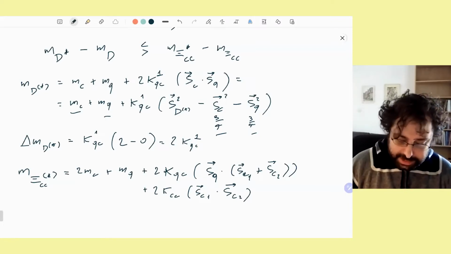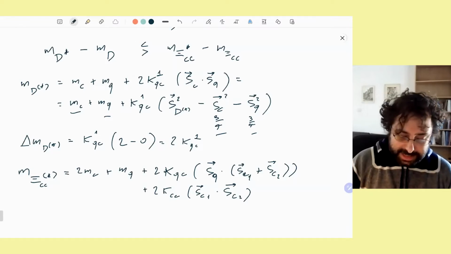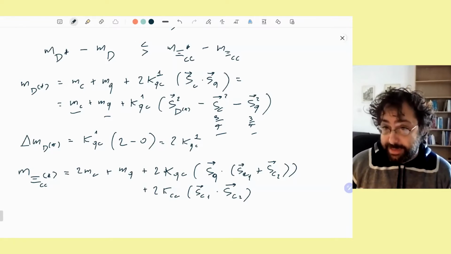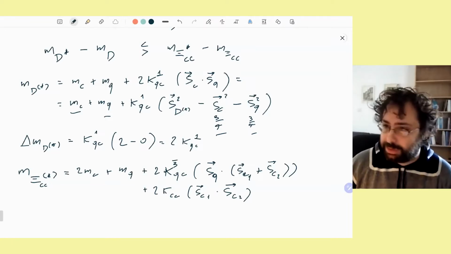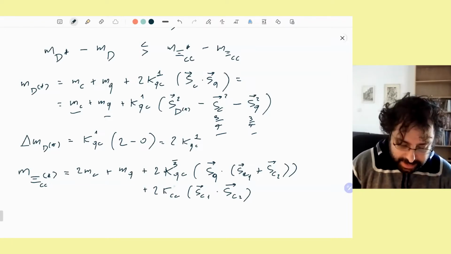Let me add a couple of things. So now, instead of the singlet, in the case of the meson, the 2 quarks belong to the 3-bar representation. So let me put a 3-bar here, and similarly a 3-bar here.